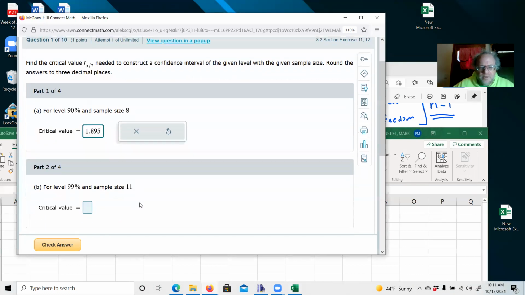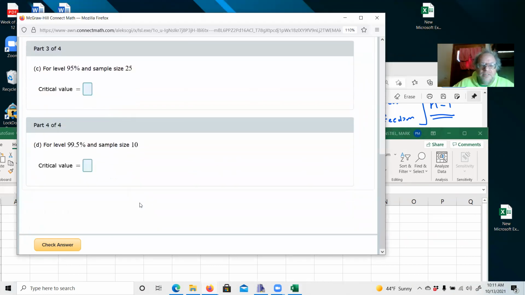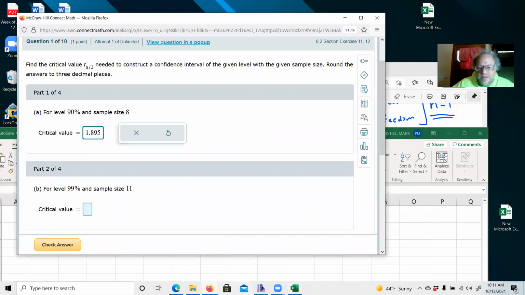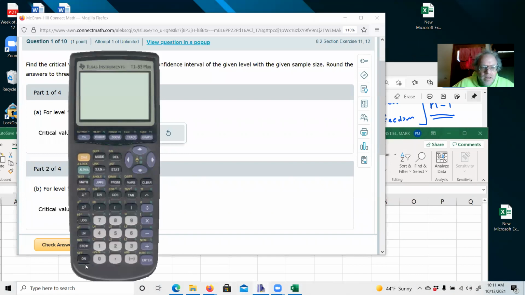And that's all they want us to do with this. I'm never going to ask you this question. If you have a TI-84, when you do your distributions, you're going to see T PDF. In here, you're going to see a T or an inverse T. The TI-83 does not have that, so for you guys, it's going to be a little bit easier with the 84.